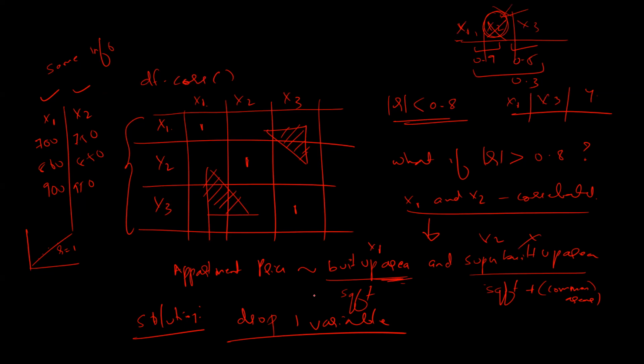Now, this concept where there is multiple correlation between variables, or where the independent variables are correlated, is called multicollinearity.